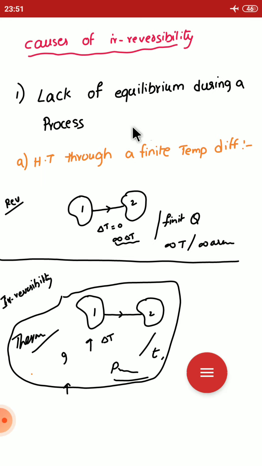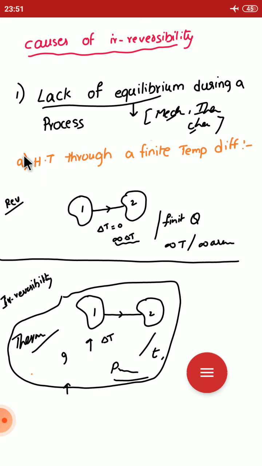So the lack of equilibrium comes from three kinds: mechanical equilibrium, thermal equilibrium, and chemical equilibrium. Because of these three lacks of equilibrium, there is a chance of irreversibility.